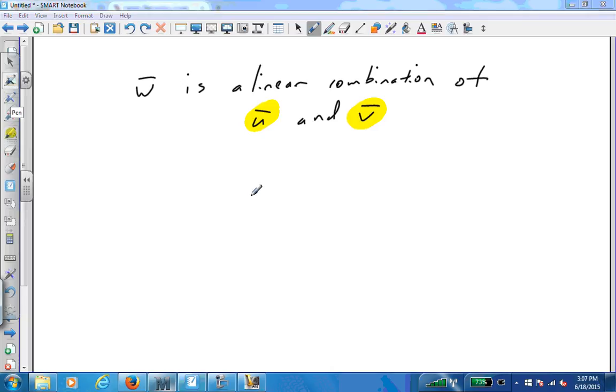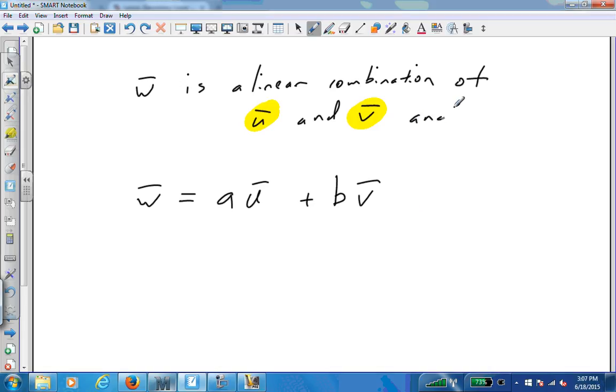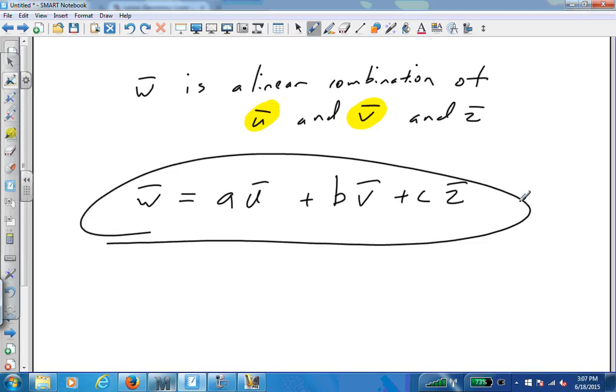We're adding them together. We could have multiples of either one of them, but we're just adding multiples of things together, and that's a linear combination. If we had more vectors and wanted a linear combination of all three, then we would just add scalar multiples of all of them together.